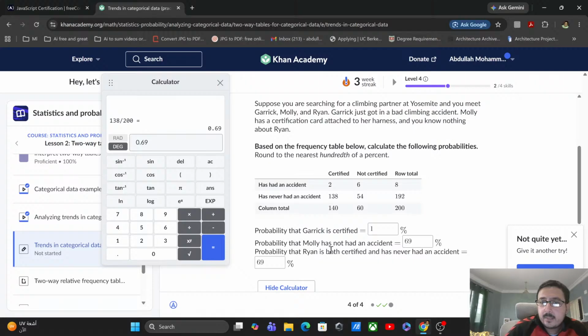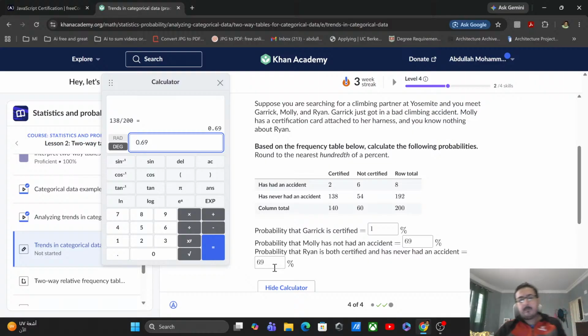Molly has not had an accident. She is certified, so 138 over 200, which is 69%. Ryan is both certified and has never had an accident: 69. What does that mean?